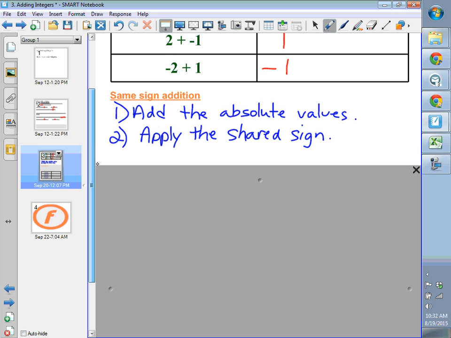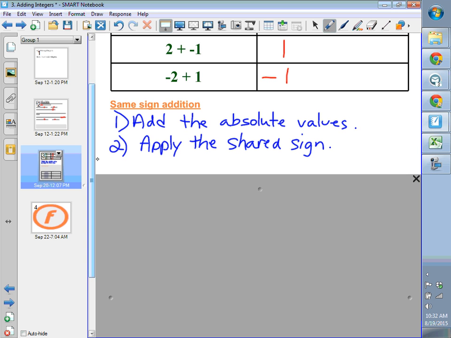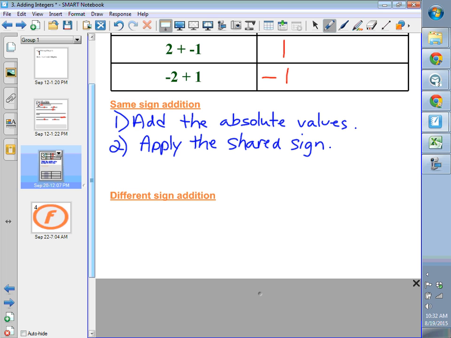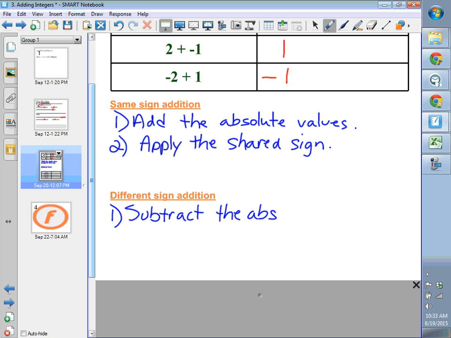Okay, here's where it becomes a little bit different. We have different sign addition. The first rule is that we're going to actually subtract the absolute values. If you look at this, we've got 2 plus negative 1, and we got a 1. So we're subtracting. So we subtract the absolute values.